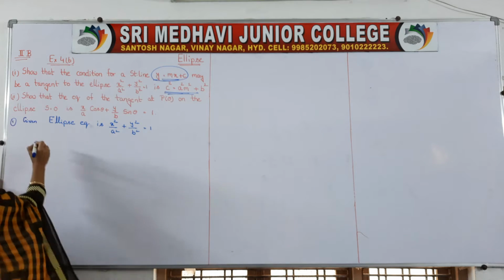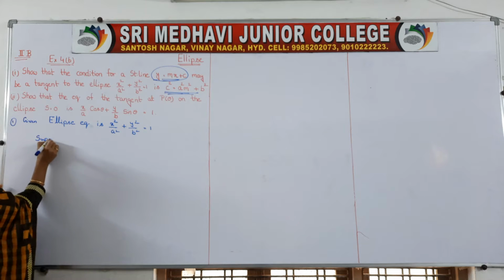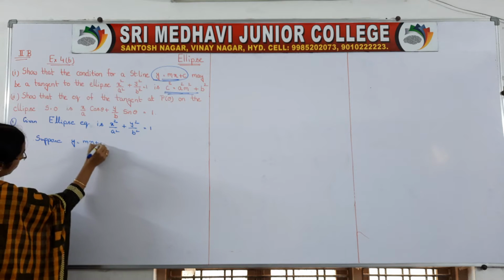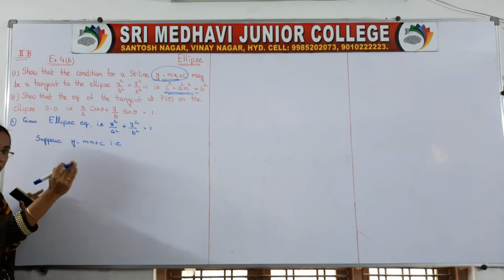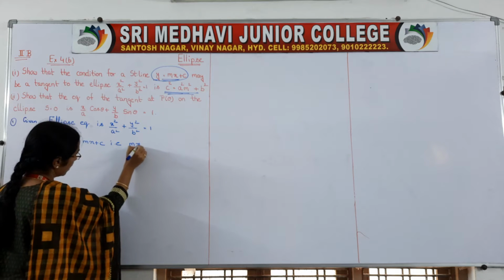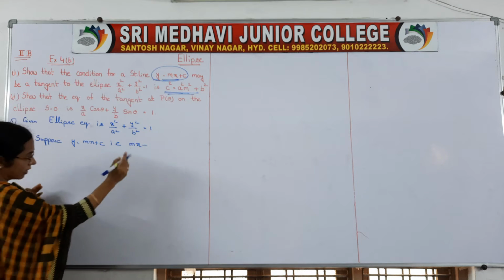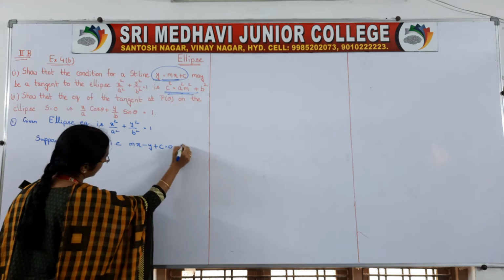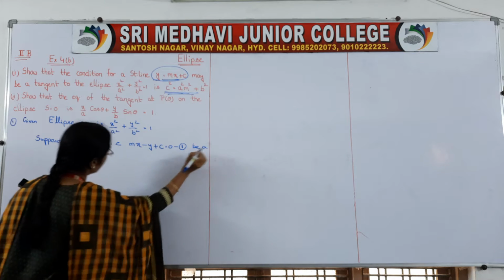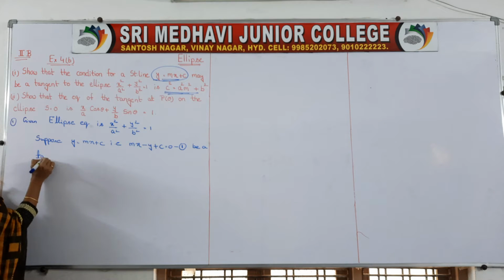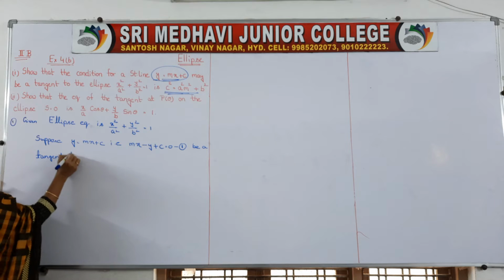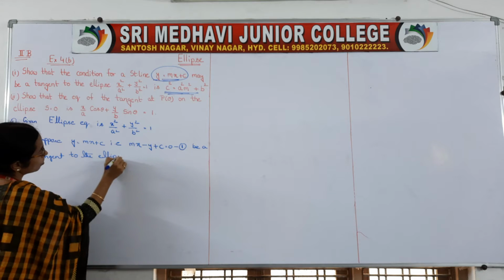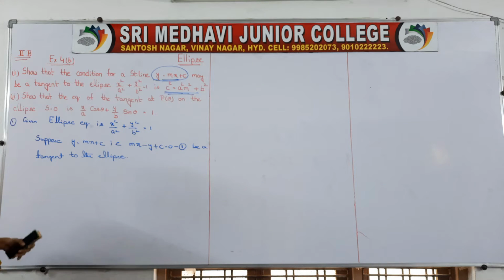So suppose y is equal to mx plus c, let us write it in line form, first the x term, then the y term: mx minus y plus c is equal to 0, be a tangent to the ellipse. Okay. So this is the tangent to the ellipse.